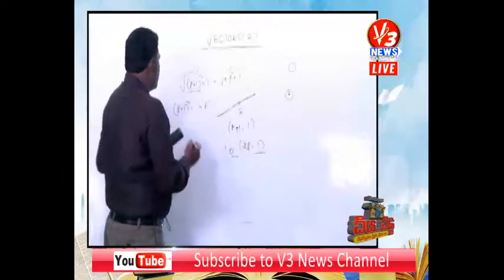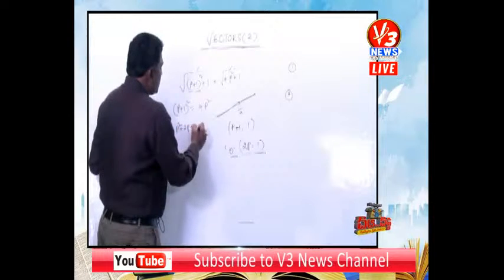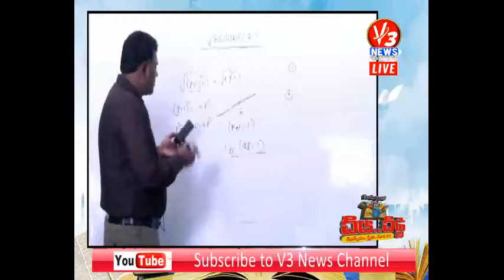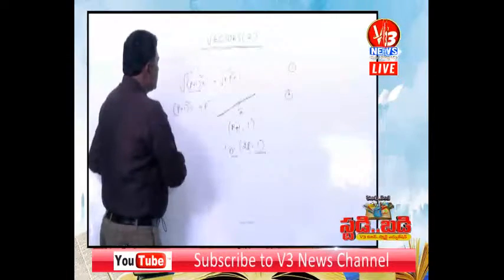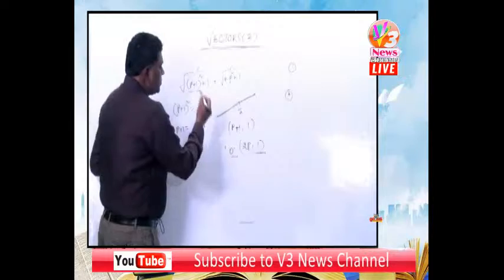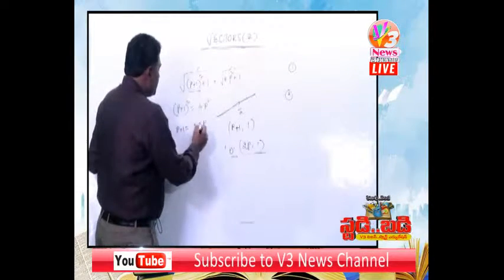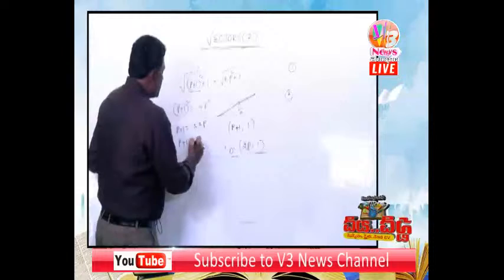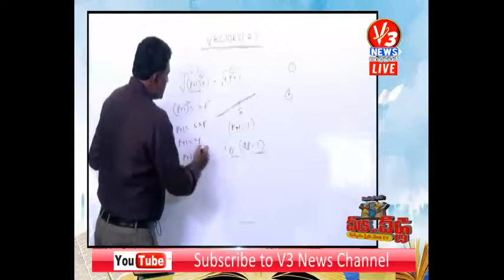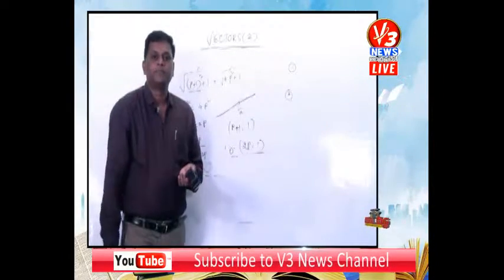Expanding this, p square plus 2p plus 1 equals 4p square. Otherwise we can take the result directly: p plus 1 equals plus or minus 2p on taking square root both sides. Here we are getting p plus 1 equals 2p, and p plus 1 equals minus 2p. Simplifying, two different values of p will come.